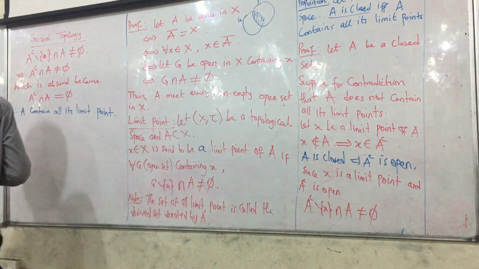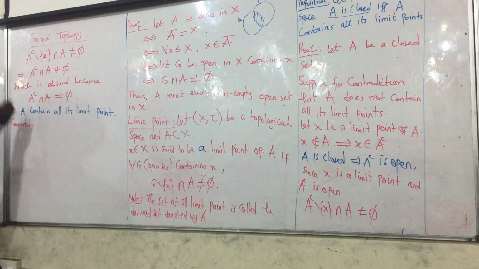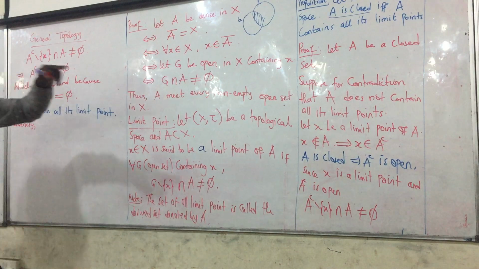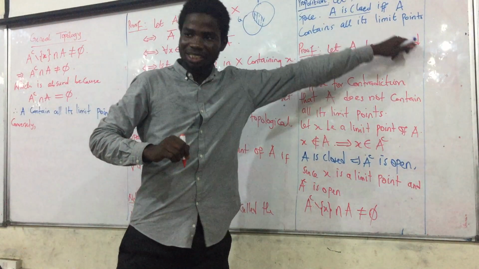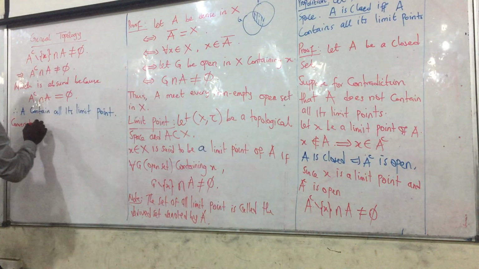Conversely. What is conversely? Conversely, suppose A contains all its limit points. You want to prove that A is closed. Do you understand?